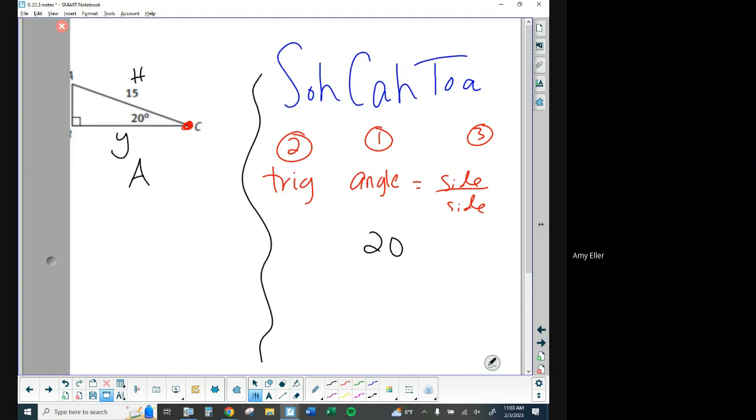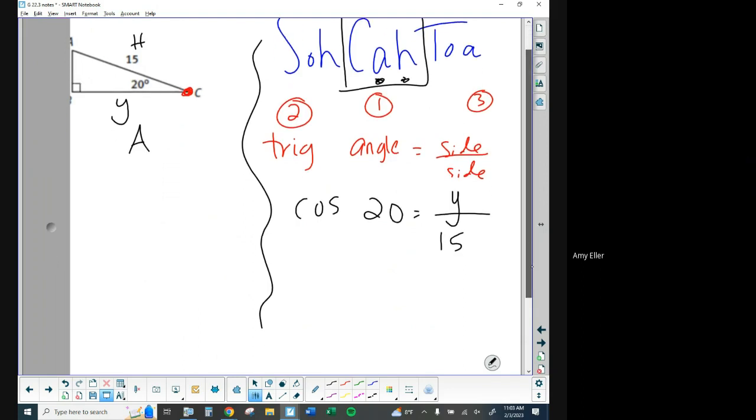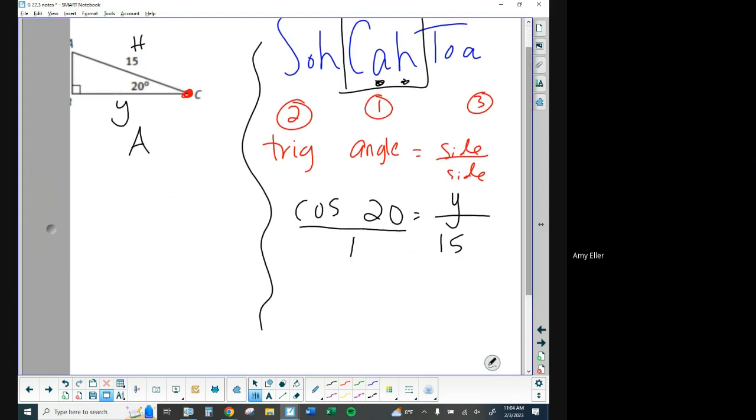So my trig function is going to be cosine because I have an A and an H. The order for the sides, A comes first, so adjacent, which is Y. Hypotenuse, 15. We're ready to do some algebra. Cross multiply.